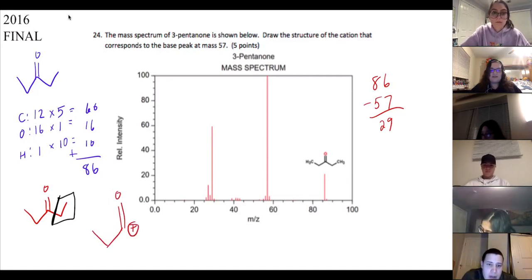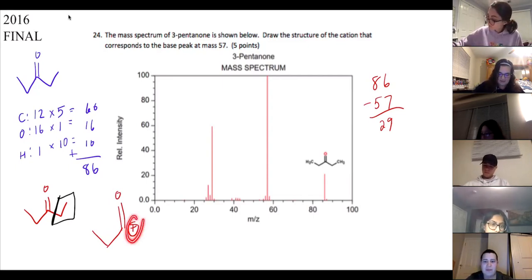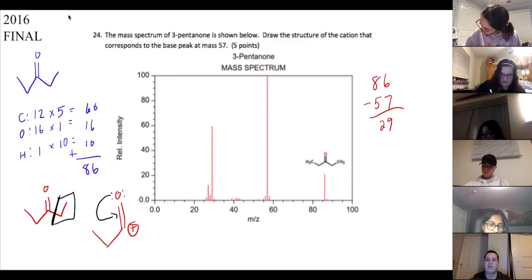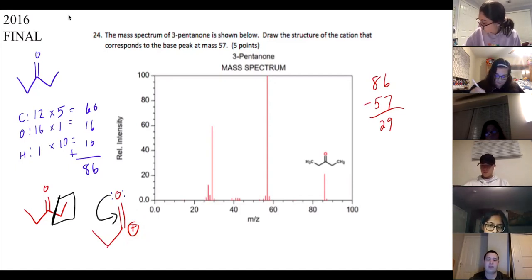Now, like David said in the chat, this isn't the most stable form. In these cases, oxygen forms what's called the acylium ion. And what that means is we have this positive charge on a carbon-oxygen double bond. So oxygen actually takes a pair of electrons and drops them to form a triple bond.